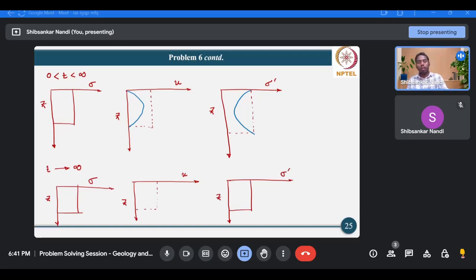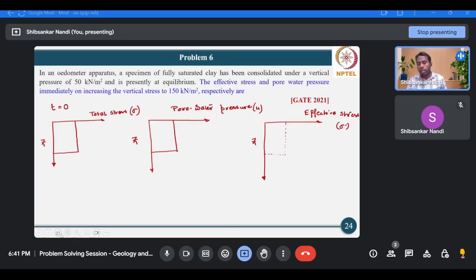Now, if you observe very carefully for this problem, this condition is what is mainly discussed, that is, immediately on increasing the vertical stress. So if you increase the vertical stress, immediately after increasing, what is the condition? What are the effective stress and pore water pressure? Now, what is the increment? Earlier the vertical pressure was 50 kPa. Now it's increased to 150 kPa. So the delta sigma value is 150 minus 50, that is 100 kPa.